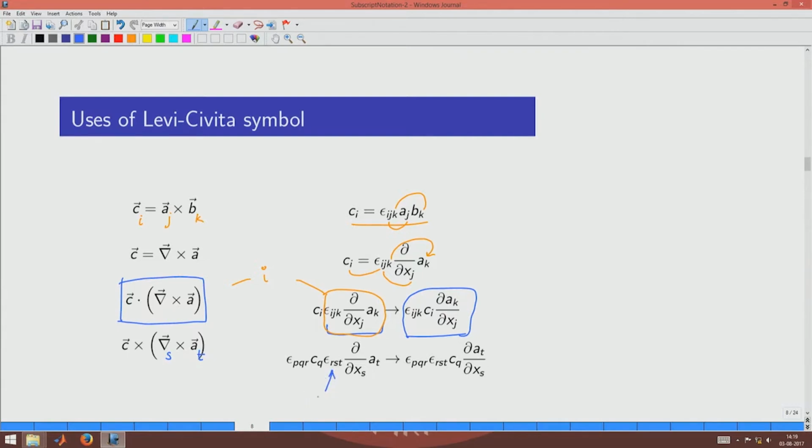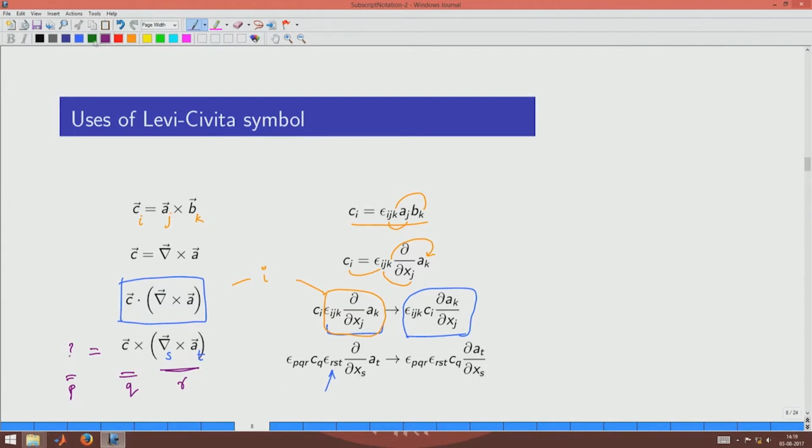The free index of this part of the expression will then be R. If this was R, then I can choose this index of the C to be Q, so that the free index coming out as the output is P. That is why I write epsilon P Q R, then C Q, then epsilon R S T, then dou by dou x S, and then A T.